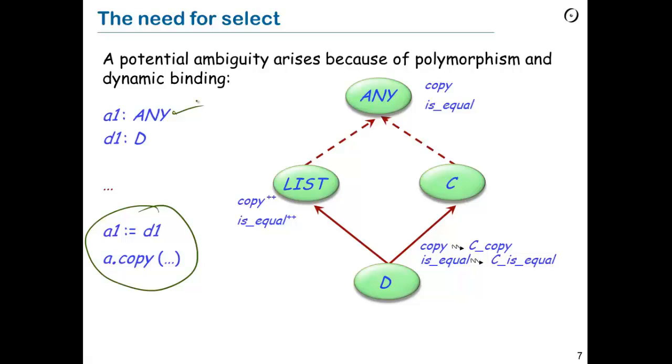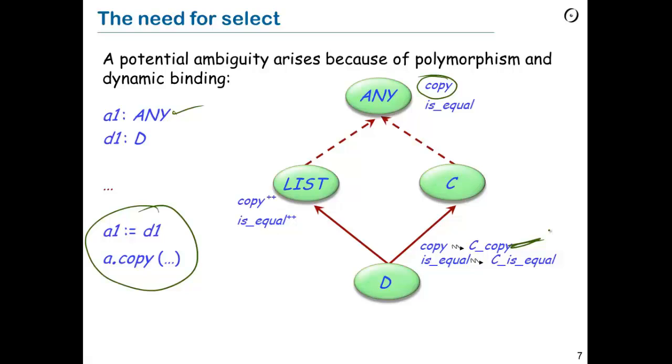Well, there is no name clash anymore, but to the version of copy that we had in ANY now correspond two versions in D. The feature C copy, which is really the same, is the original one since it has not been redefined en route.